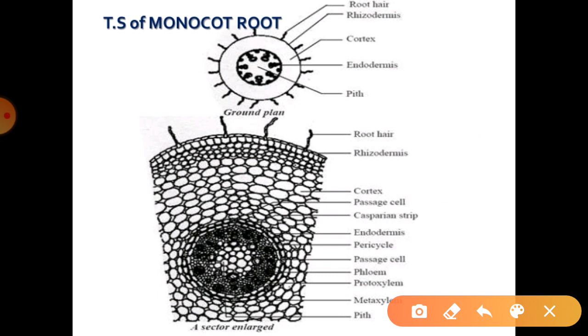Now, what are the different identification features of the monocotyledonous root? A monocotyledonous root can be easily identified with the help of the following features.